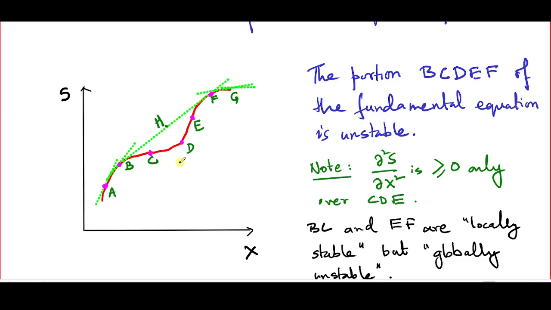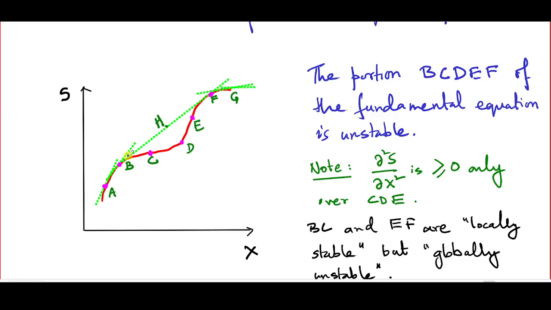Now, as we have already said, the true fundamental equation must always lie below the superior tangents. That's true at the point A. In fact, it's true at all points between A to B. It's also true beyond F. But it does not work in this region, which is the faulty region.